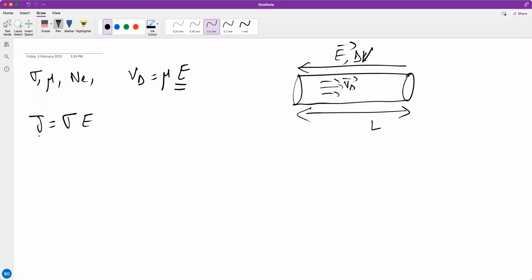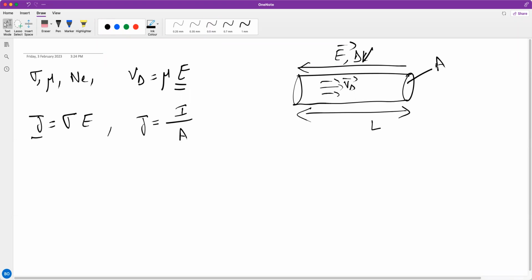And then we also know that the current density is equal to the electric current divided by the area of the cross section. Then we also derived the equation of the current density, which is equal to the density of electrons times the electric charge times the drift velocity.